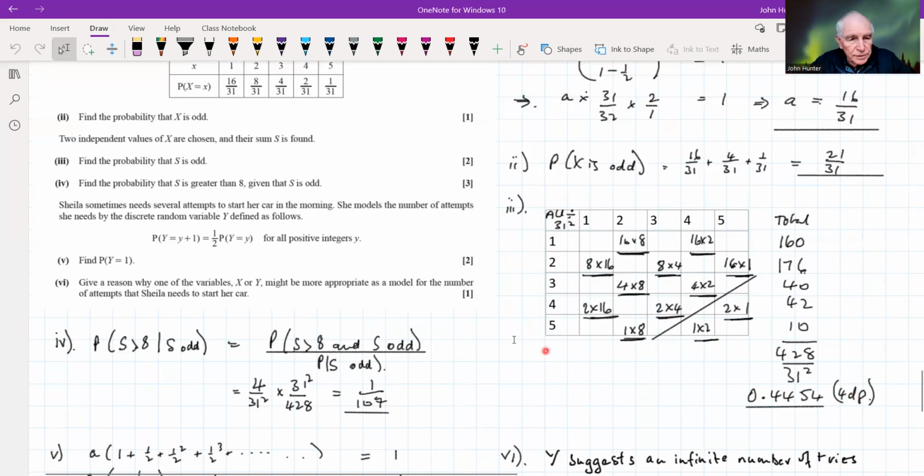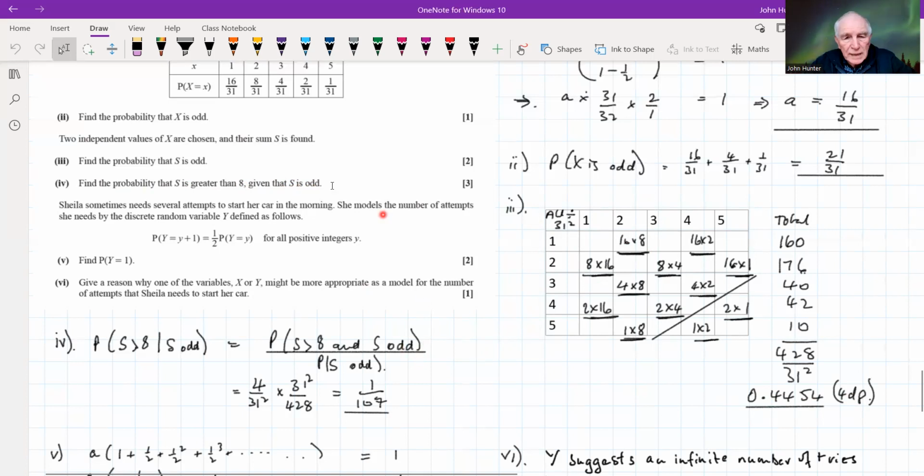Right, okay, so that's that one. Find the probability that S is greater than 8, given that S is odd. Now this one is basically hinting at some conditional probability here.